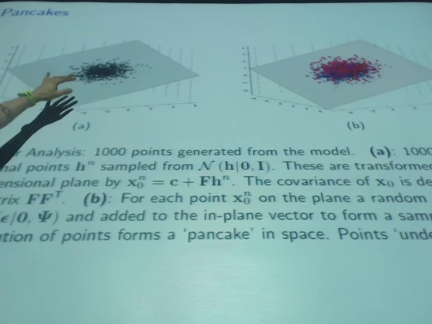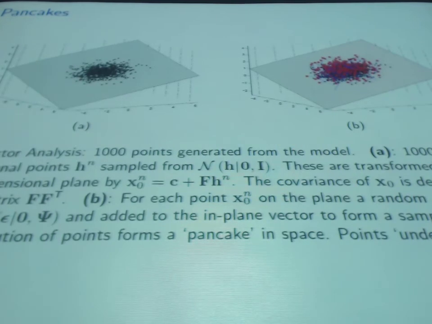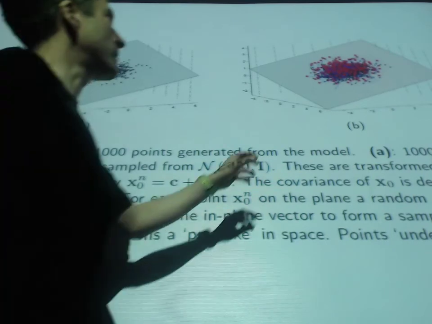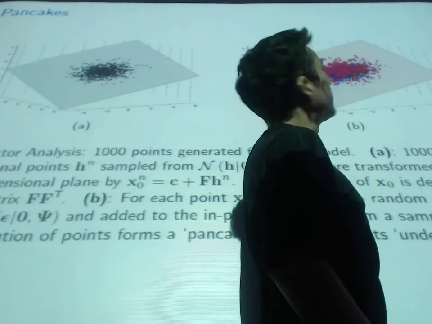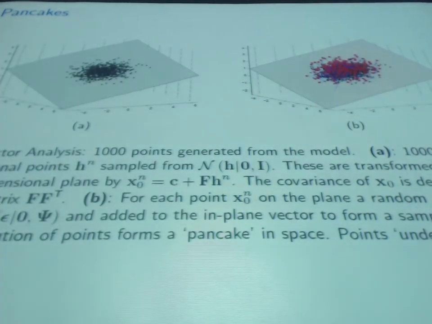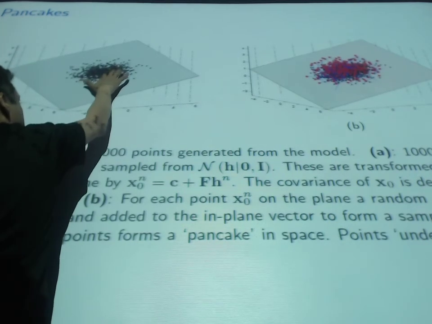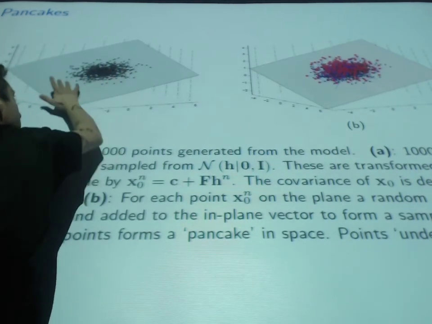And this could be elongated because the columns of F are not necessarily orthogonal. And then what we do is we add on some noise vector, which is in this case a three-dimensional vector. So that point gets added on to this point, and this noise will take us out of the plane. If we were to generate many data points, we would end up with a kind of Gaussian, the highest probability here in the center, and less likely at these points here.